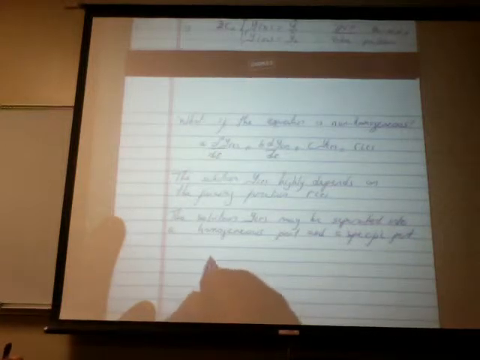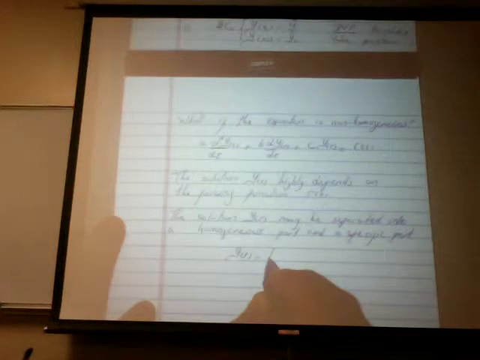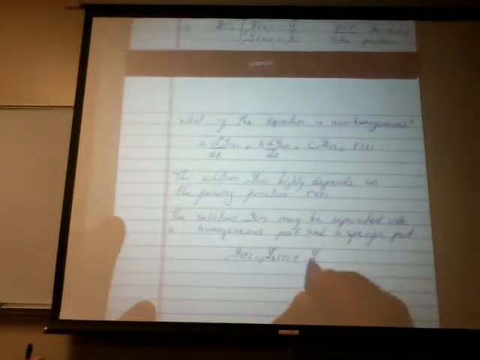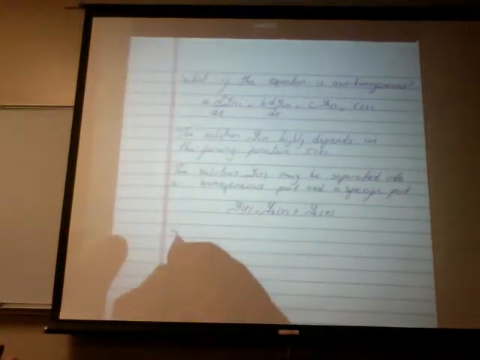That is, we can let y of t be equal to y homogeneous plus y specific. So this solution has two parts.